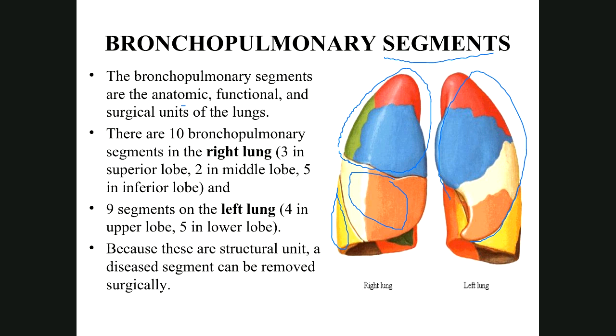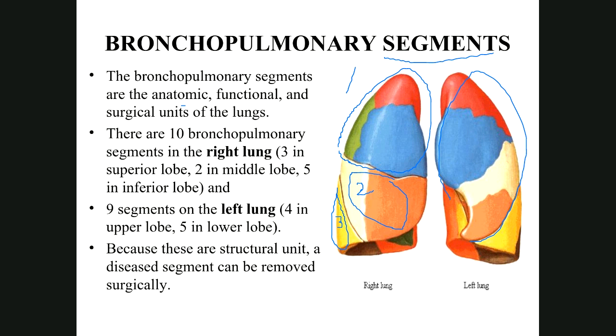So each lobe of the lungs, this is number 1, this is number 2, and this is number 3. One lobe further divides into 3 small lobes.